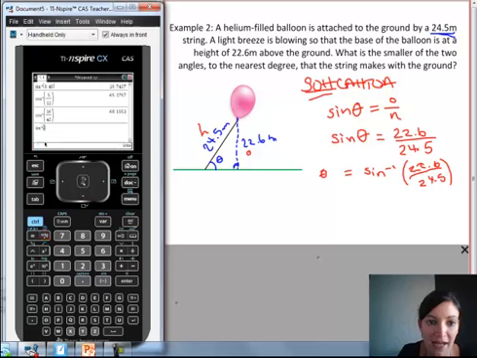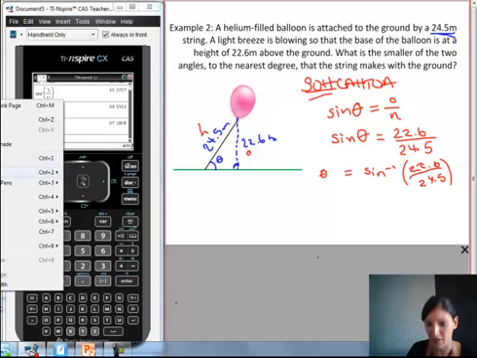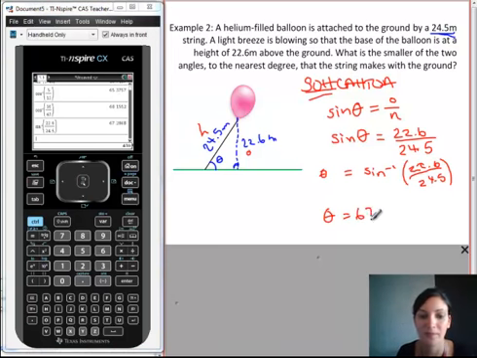I'm going to put it in as a fraction. 22.6 over 24.5. Control Enter. And I get an answer of 67.2868. So rounded to the nearest degree, that is 67 degrees. So theta is equal to 67 degrees. And that's my final answer.